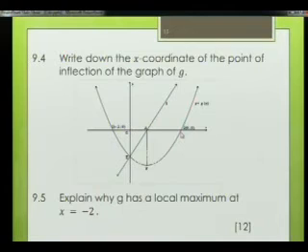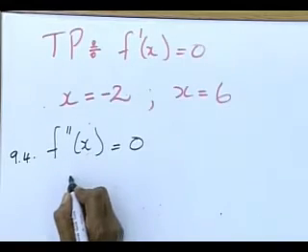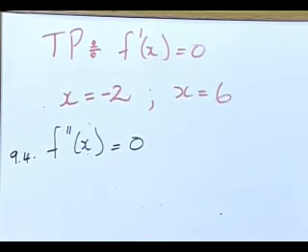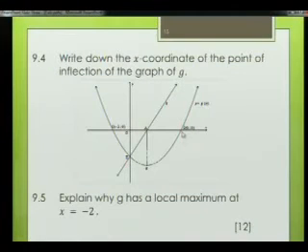So, I can do that fairly easily, because all I need to say at 9.4 is that the distance between this root and that root is 8. You agree with me? That is 2 units, and that is 6 units, so altogether I have 8 units there.